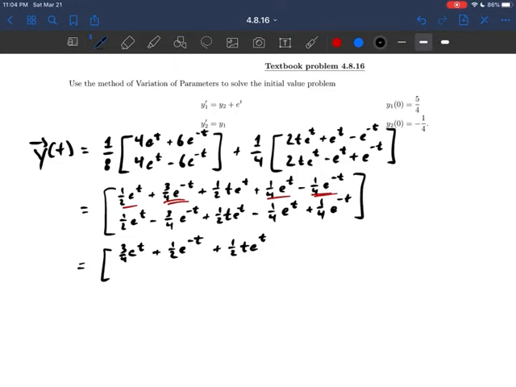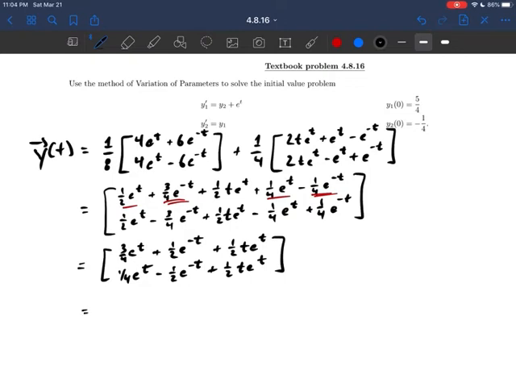And on the bottom one, we get 1/4 e to the t minus 1/2 e to the minus t plus 1/2 t e to the t.